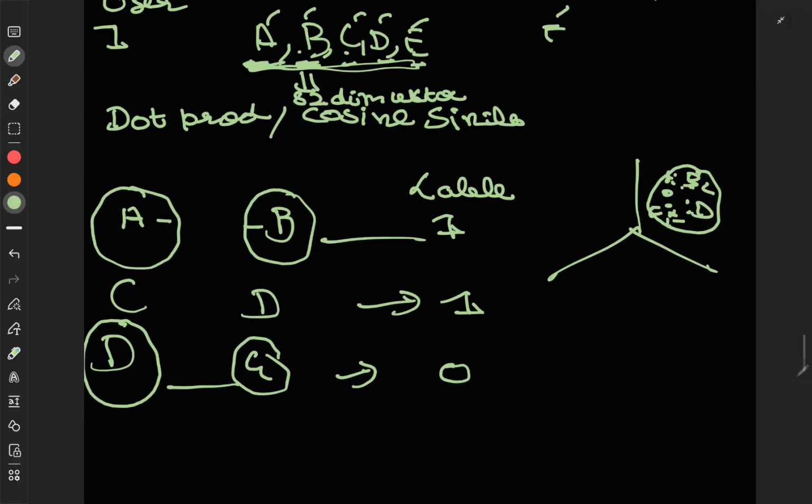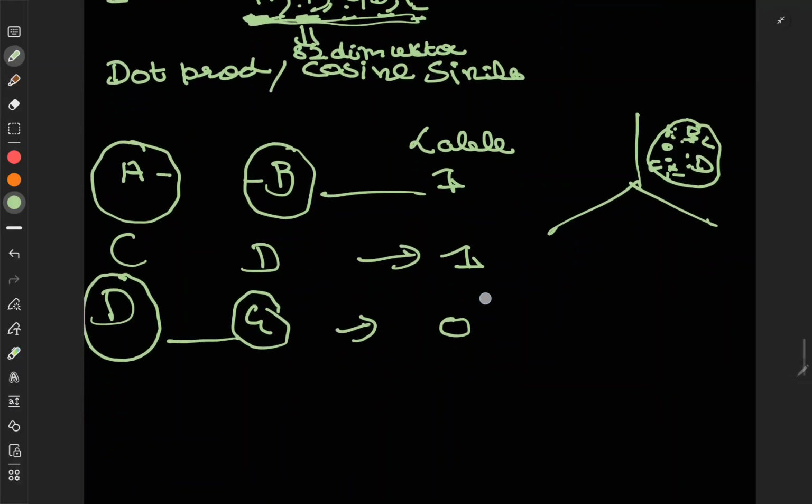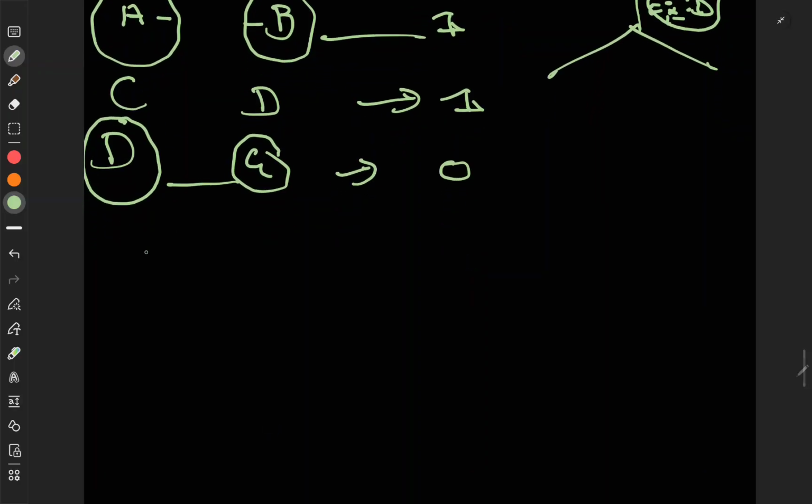So the final data set that we will use to train our model is something like this: for a particular listing A, he clicked on listing B, so that is a positive sample, meaning 1 as the label. For listing C, D is the one which the user clicks next, so again it is a positive label.